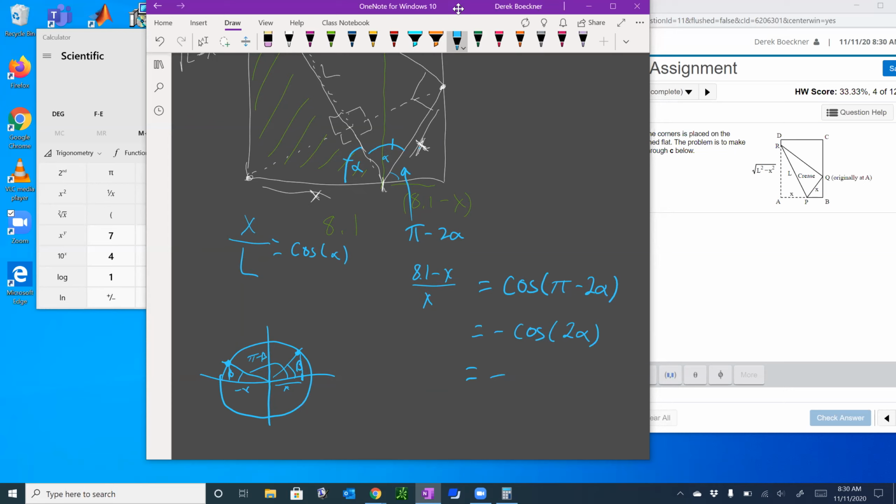And that's the negative of the double cosine identity is, I'm going to look it up because I don't remember off the top of my head. I can figure it out, but it's going to be faster if we do this. Trig identities.